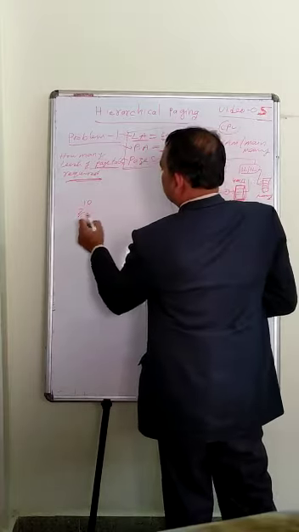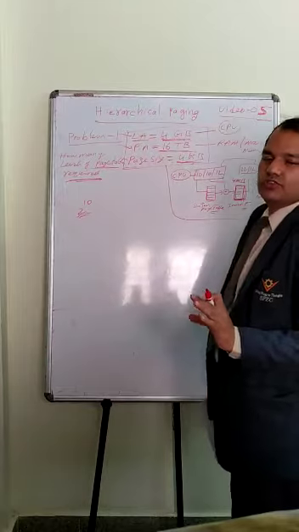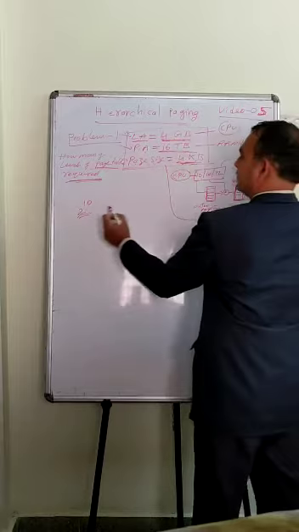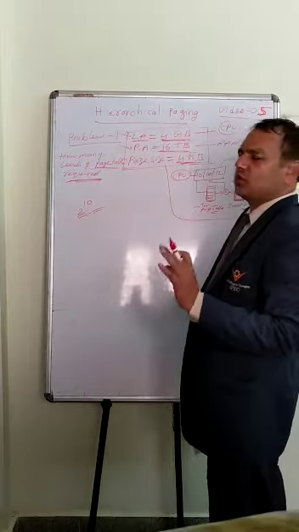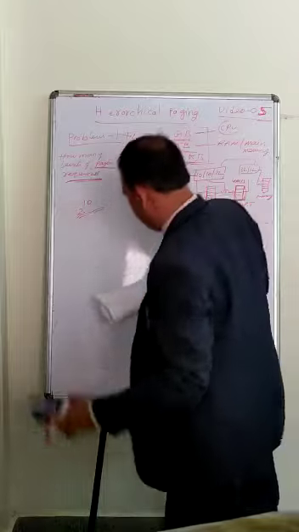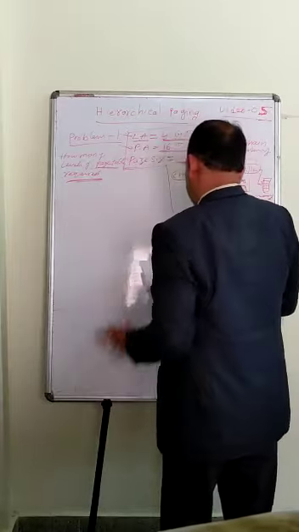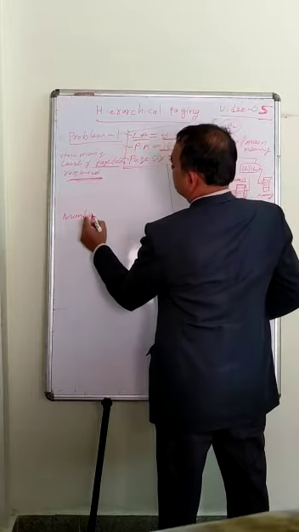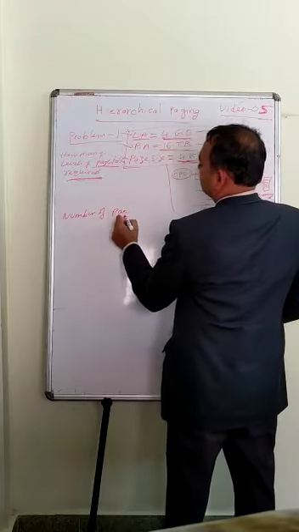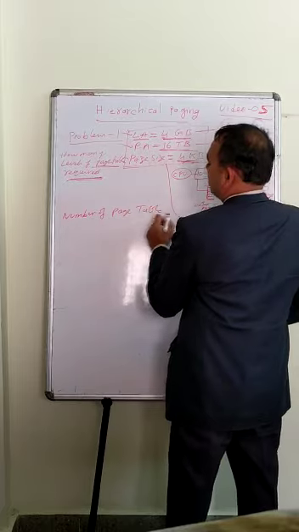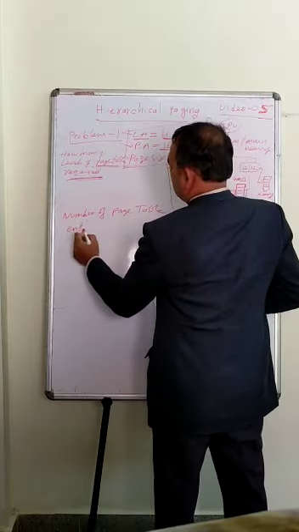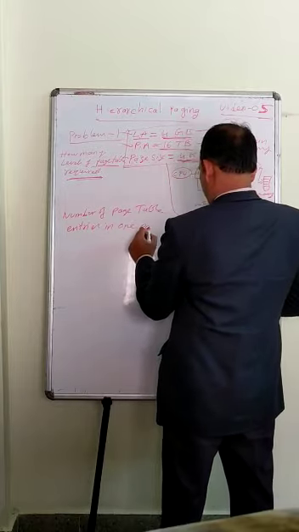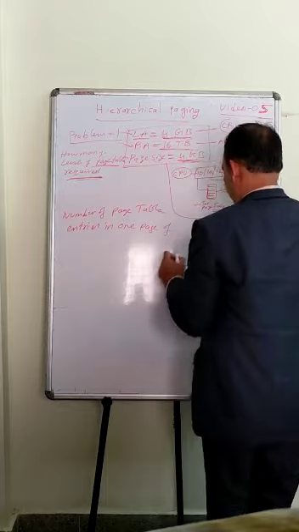Now, 2 power 10 pages, my dear friends, each page size is 4 KB, and can be stored in the memory in different locations. Now we will calculate the number of page table entries in one page of inner page table.